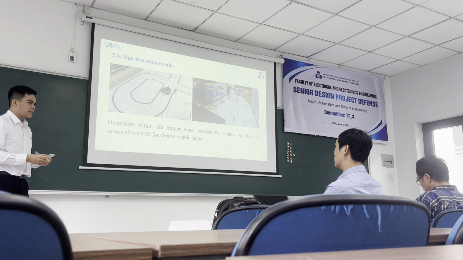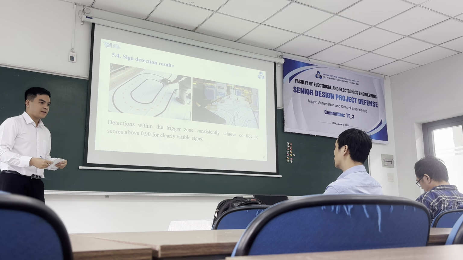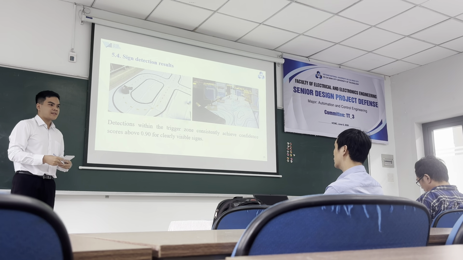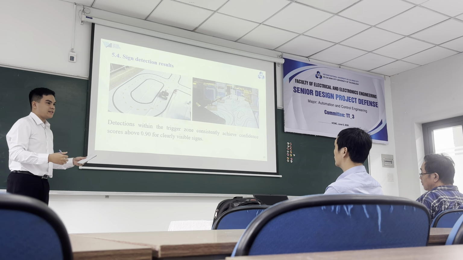So the first question is that you mentioned that the processing speed of the car might sometimes miss the sign. It cannot see the sign, or it sees but cannot react immediately.